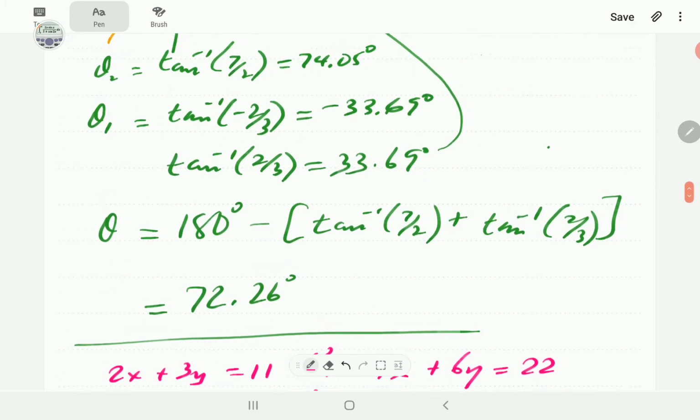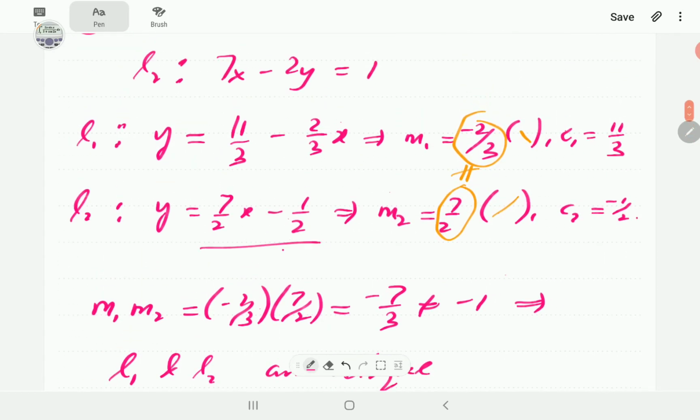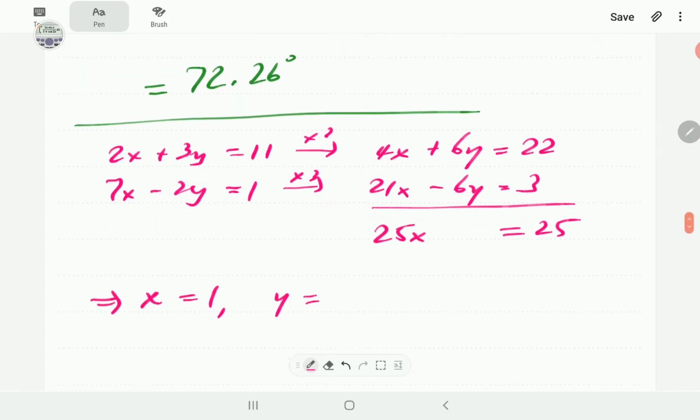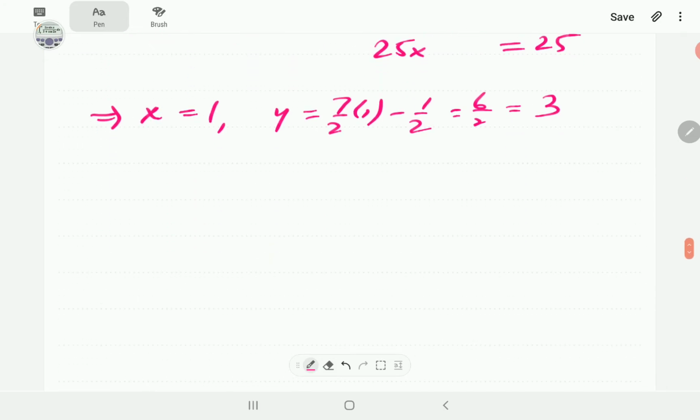Then if we plug in x equals 1 in the L2 equation, we have 7 over 2 times 1 minus 1/2, 6 over 2, so y equals 3. So (1, 3) is the point of intersection.